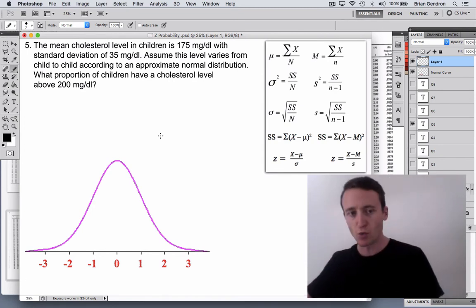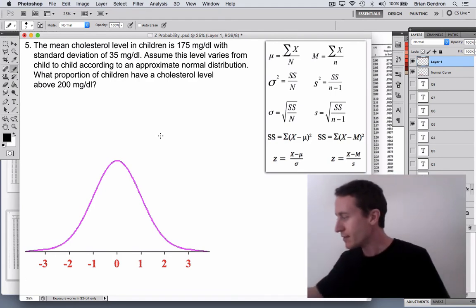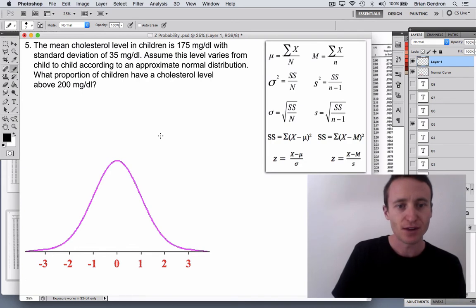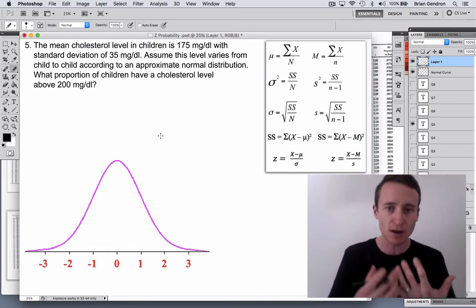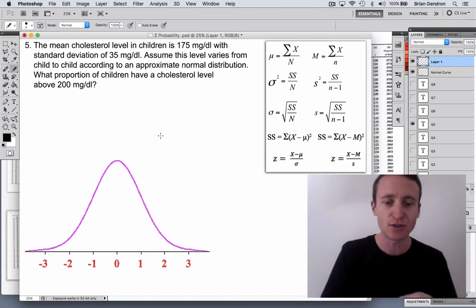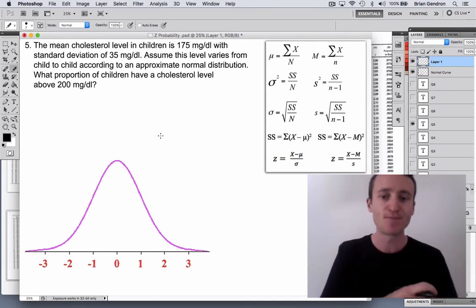Okay, so what makes this problem slightly different is that we are working with x values instead of z values. In other words, we are talking about actual scores. We're talking about cholesterol levels here. In order for us to find the proportion associated with various amounts of cholesterol, we have to transform these scores, or x values, into z values.